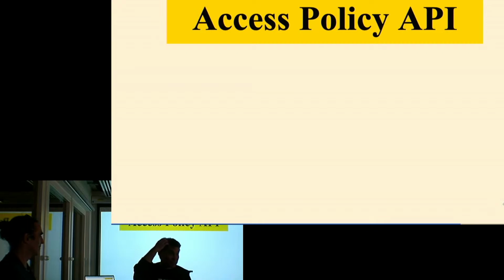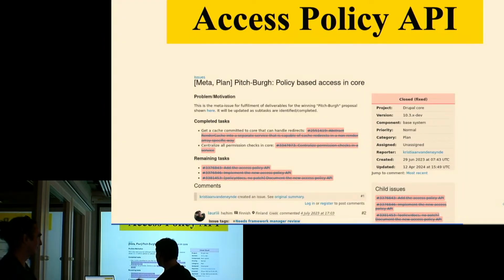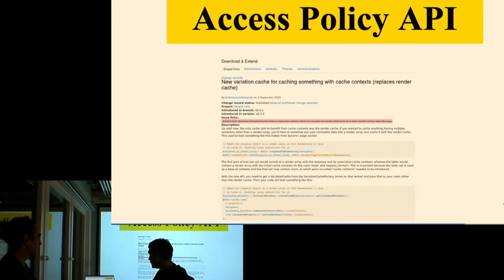But the reason why this is really interesting is because all that underlying stuff that was in group module is now in core. And this was where it went in, and how it works. Now I'm just going to give you a vague idea about it because it effectively uses cache tags. So once you've calculated the permissions, it puts cache tags on it.